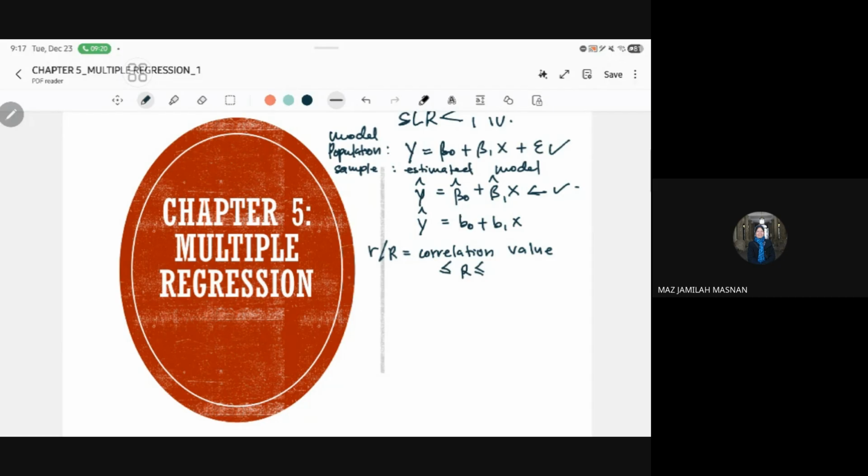R can take value. The least is what? Anyone, please? What does the correlation value begin with? What will be the value? Anybody?